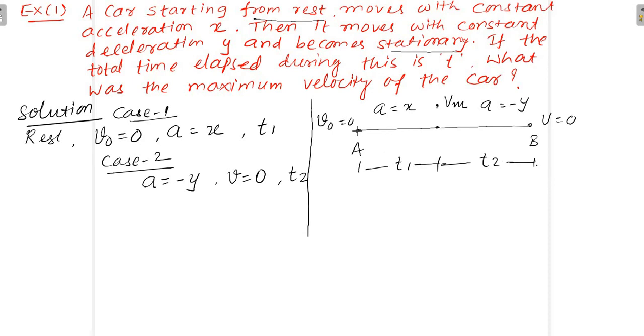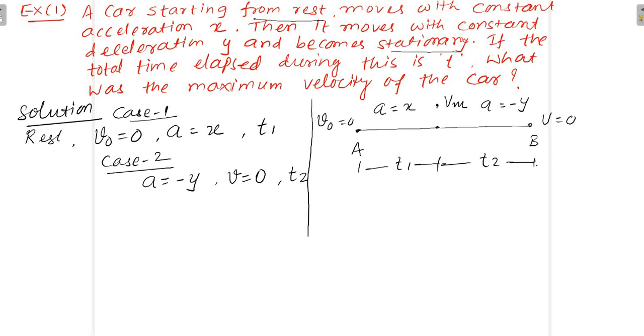A vehicle started from rest, accelerated, reached a point where the velocity was maximum, and then, as the destination was near, it started reducing the speed, decelerating with minus y deceleration, and finally after some time it reached 0 speed.